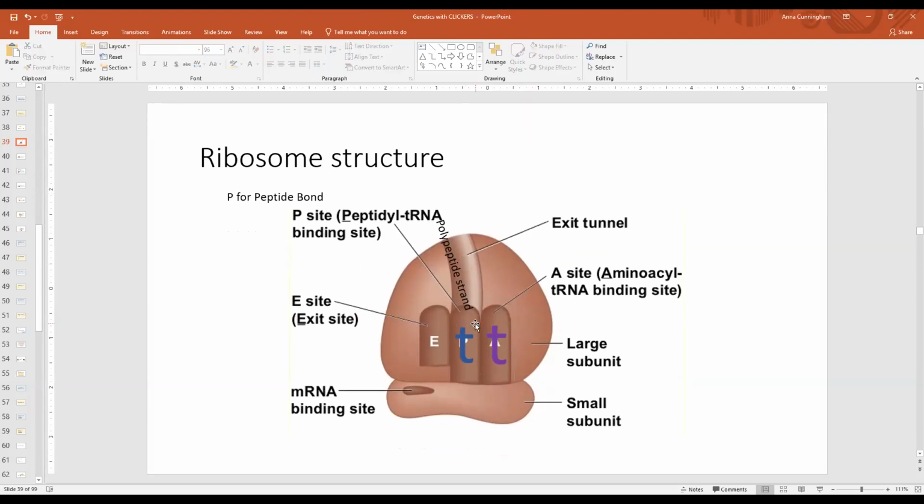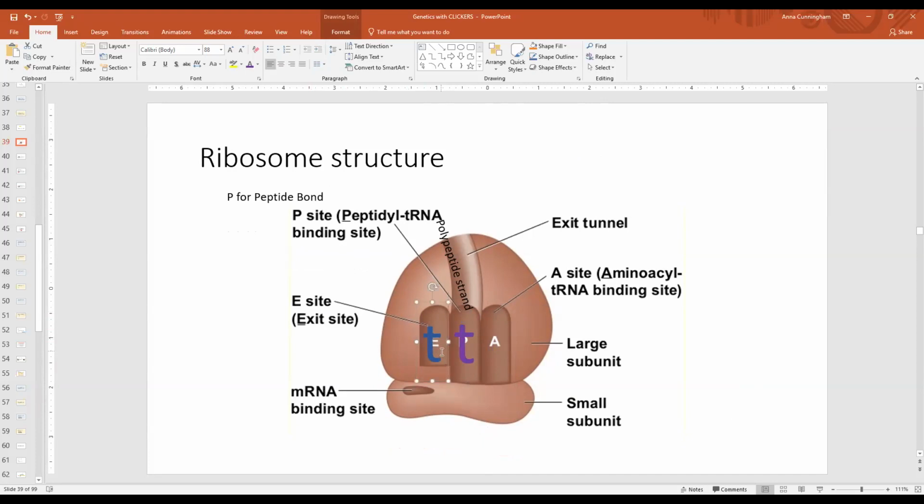We have our peptide bond built in the P site. Then the ribosome shifts to the right again, and this moves both of these tRNAs over. You'll notice that the polypeptide strand didn't move. It was shifted from this T to this T. But now we have this T, it's done.